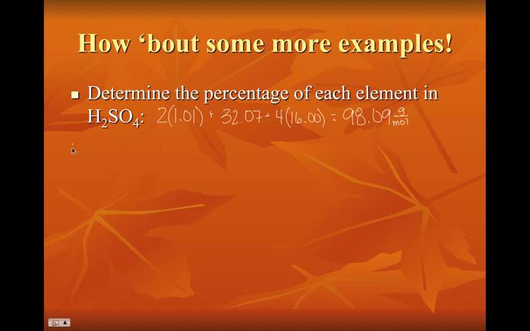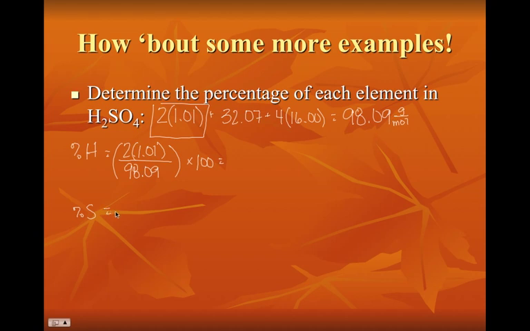So now to figure out the percent of each element, we're going to do percentage of hydrogen first because it comes first in the compound. And so that's going to be equal to the mass of hydrogen, so 2 times 1.01 divided by 98.09, and then we're going to take this whole thing and multiply it by 100. I'm going to get this all set up and then plug it into the calculator all at once.